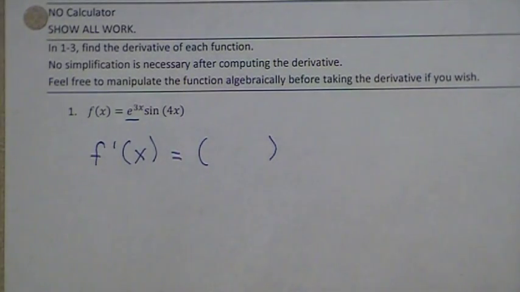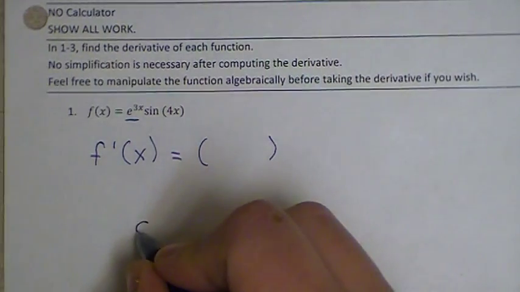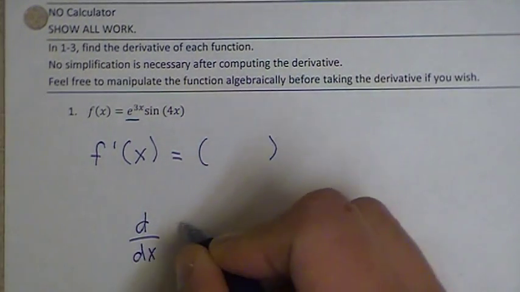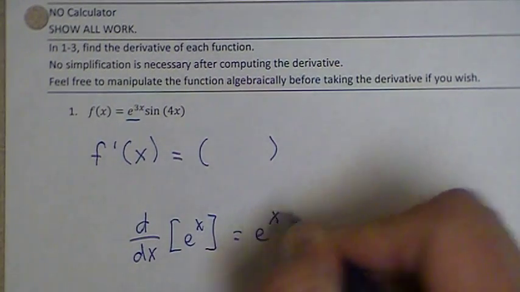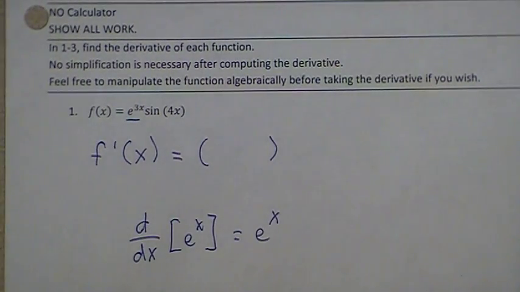Now I don't have a derivative formula for e to the 3x, but I do have this derivative formula, the derivative with respect to x of e to the x. That's equal to e to the x. That's a formula that we looked at last week and we've been using off and on ever since.